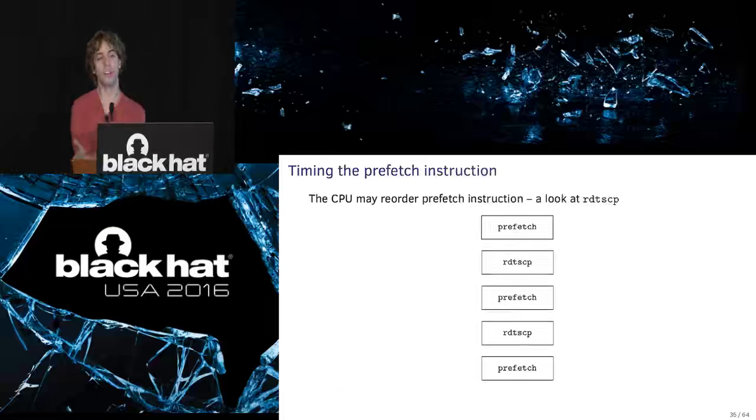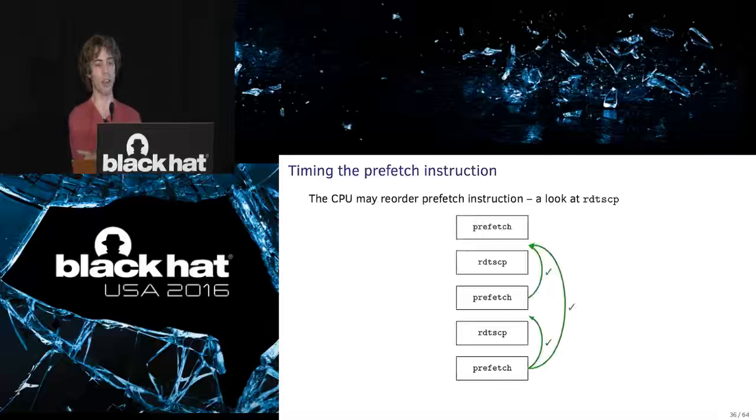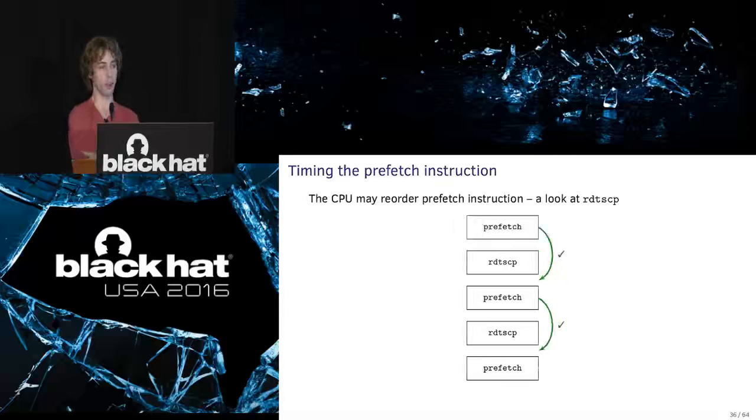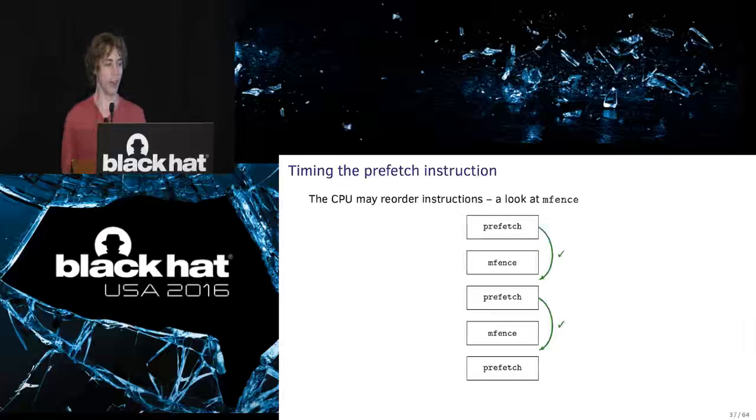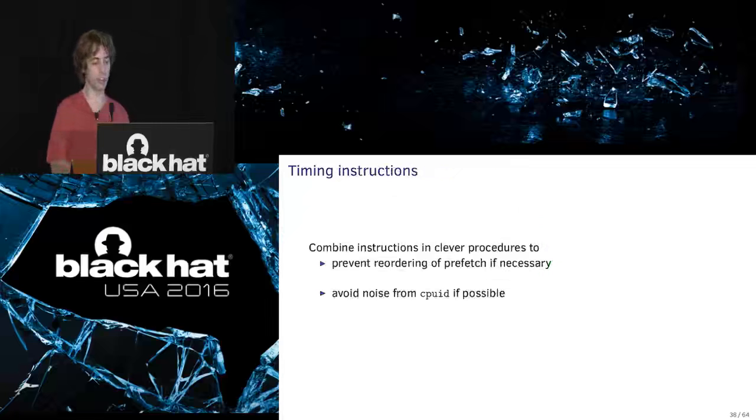The prefetch instruction is not ordered with respect to RDTSCP, so this is allowed. And this is also allowed, so when we want to measure prefetch, RDTSCP is not a help at all. And the same goes for mfence, so again, it may be reordered in any direction, and we cannot just rely on RDTSCP and mfence.